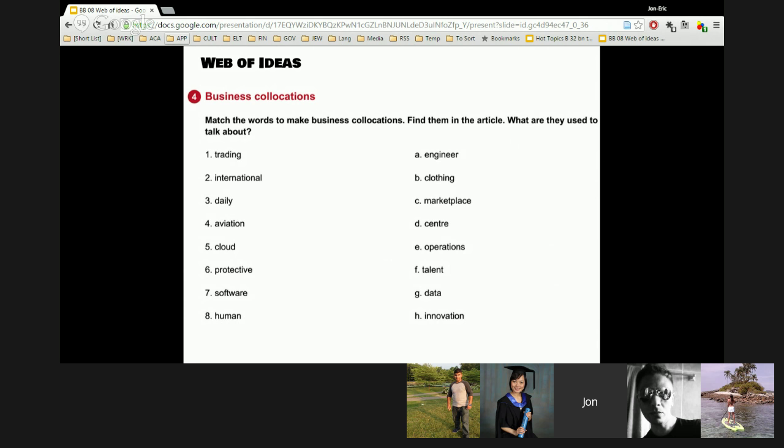But without the interconnected web of human blank, human something, that is spread across the globe, this progress would not have been possible. So what word connects with human?